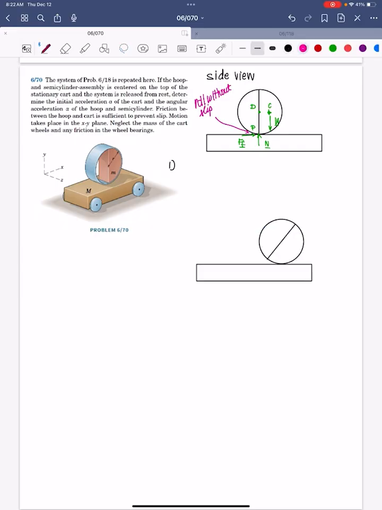Now I can choose an origin, maybe here. This is body 1, center of mass 1. This is body 2, center of mass 2.